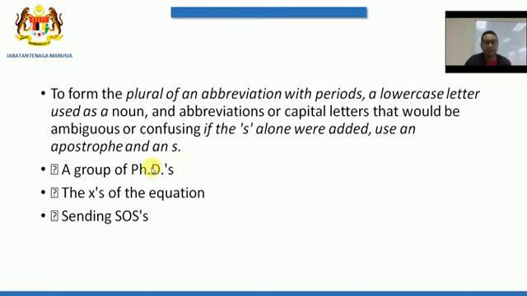For instance, if we are using an initialism, where we pronounce it as alphabets, we need to add apostrophe s to show the plural form, which is more than one. For instance, a group of PhDs, or the axes of the equation, which means in the form of the equation there are many axes.